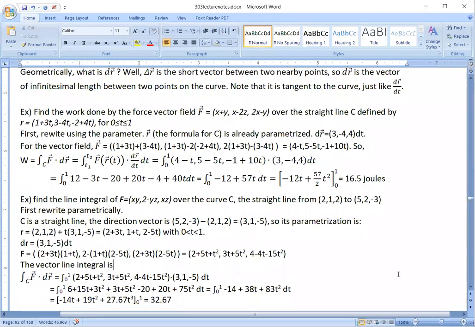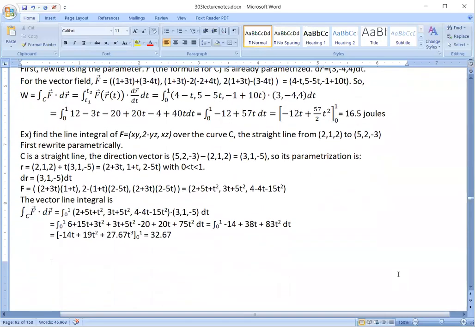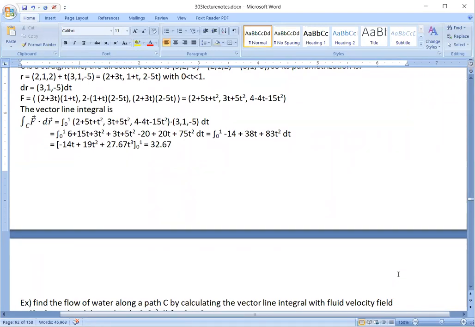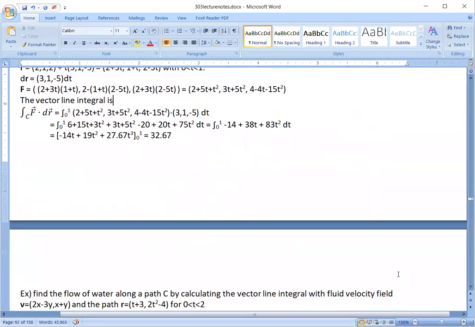So that is how you do a vector line integral. And I want to point out that, of course, we can also have applications. What can the vector field represent? Well, we previously talked about it possibly representing a force field, and then the vector line integral gives you work. We can also calculate something called flow. So find the flow of water along a path C by calculating the vector line integral, where your fluid velocity field is this.